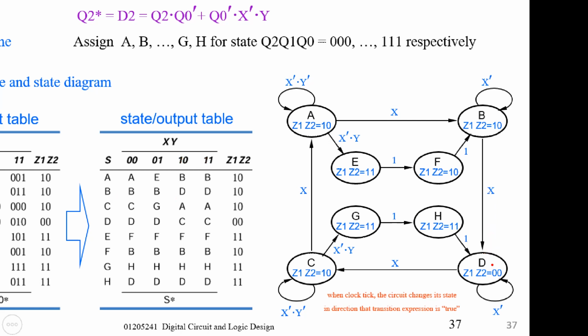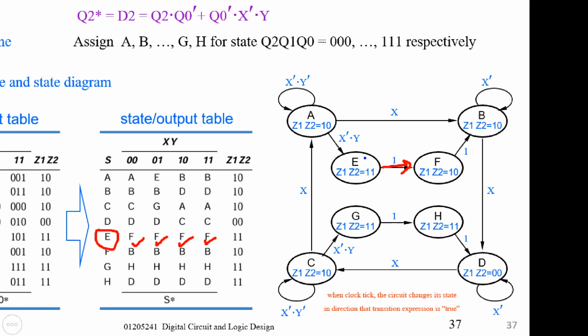So you can write x at the arrow to show the state transition from B to D, and so on. And for state E, for example, for every input the state will go to state F. That means it's always true, it does not depend on the value of x, y. It waits for the clock tick.